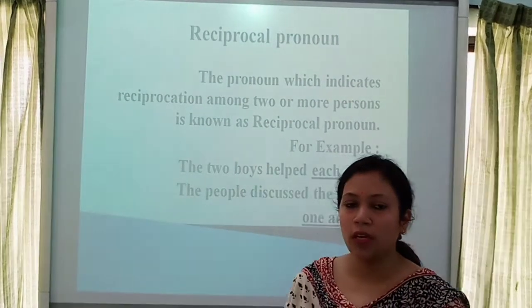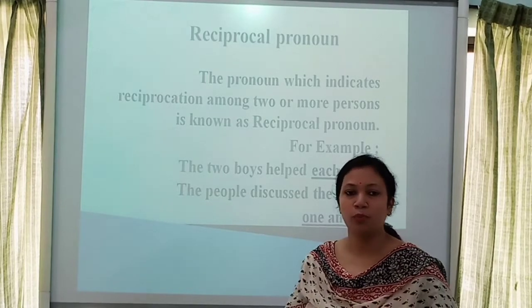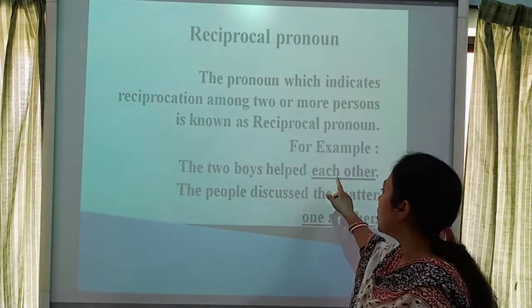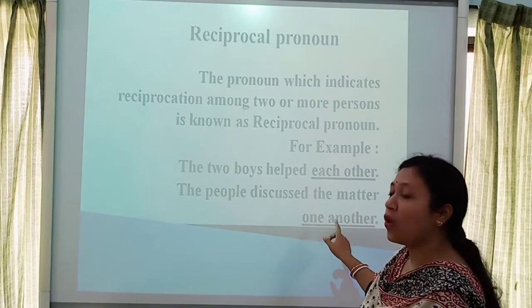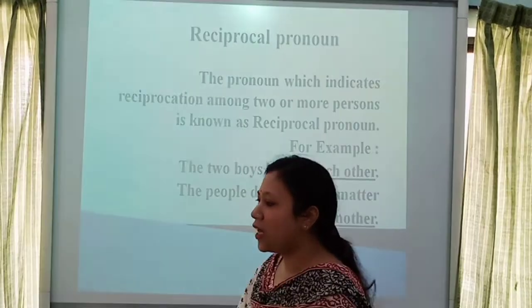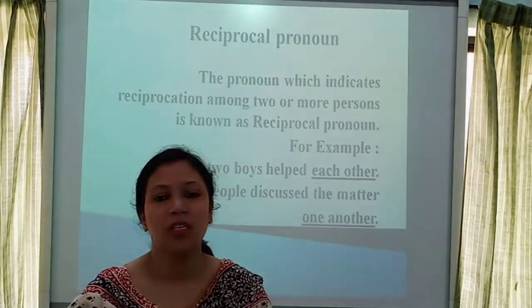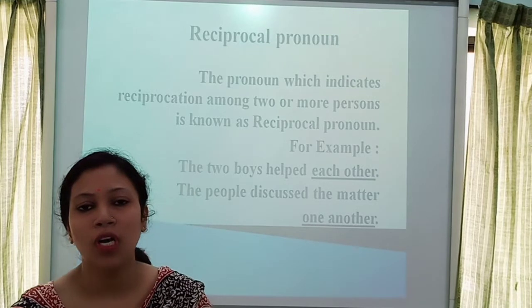Here, one another is a reciprocal pronoun, and its identifying points are each other and one another. If any sentence has each other or one another, that's how you understand it's a reciprocal pronoun.